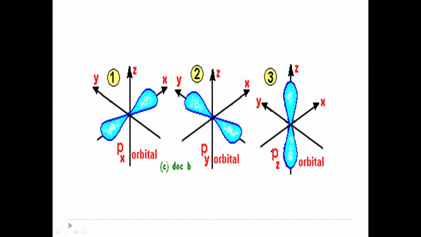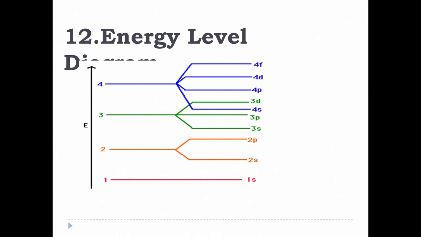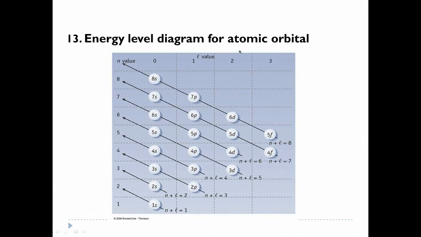So, there are always 3 p orbitals, and the d orbitals will be in different shapes, but they could be represented something like this. 1s, 2s, 2p etc. I have already shown you in a crude form earlier, and the energy level diagram for atomic orbitals can also be represented something like this. This is also a very famous pictorial presentation of the filling of electrons in a periodic table.